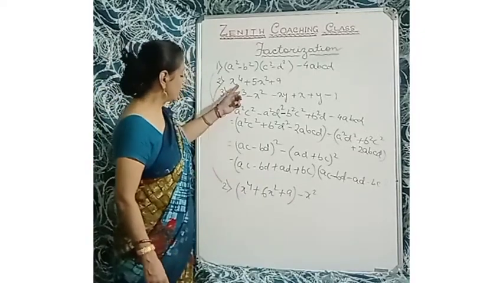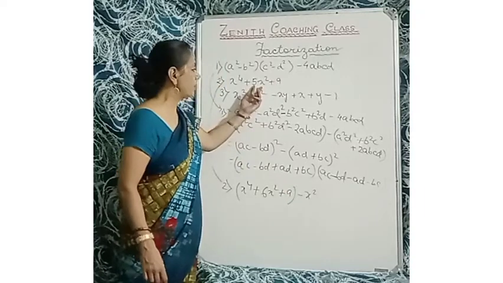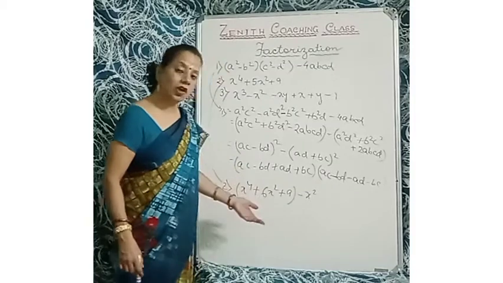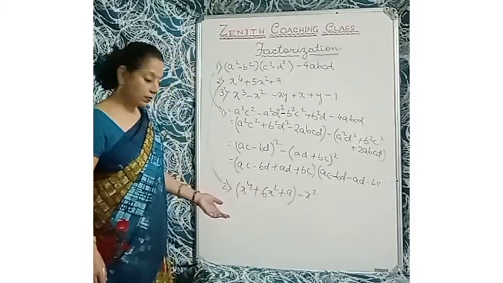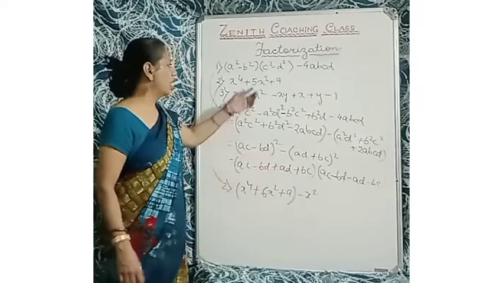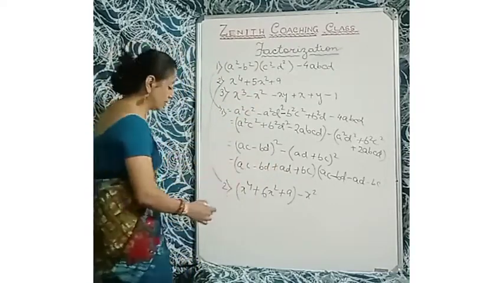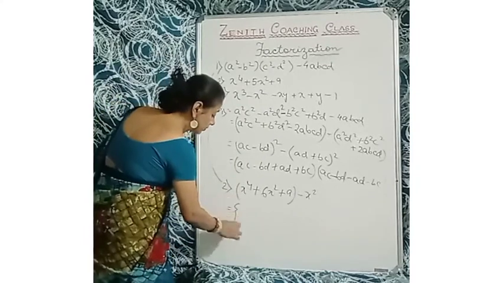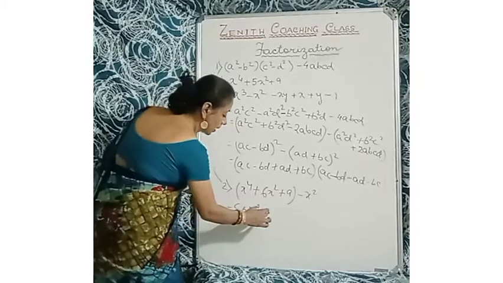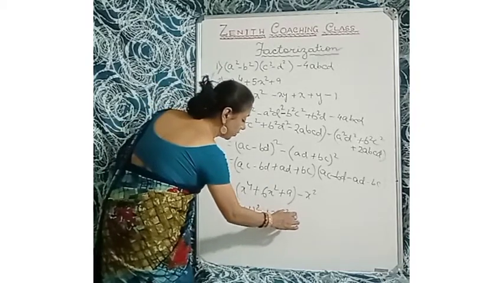See, x to the power 4, x to the power 4, 9, 9. You have to write 5x square, and I have written 6x square minus x square, that is also 5x square. Why am I writing it? Let's see. So it is x square whole square plus 2 multiplied by x square multiplied by 3.